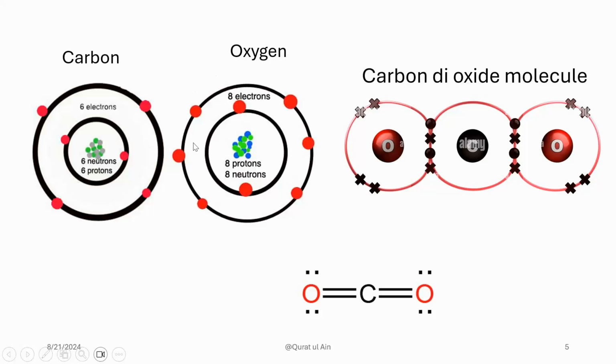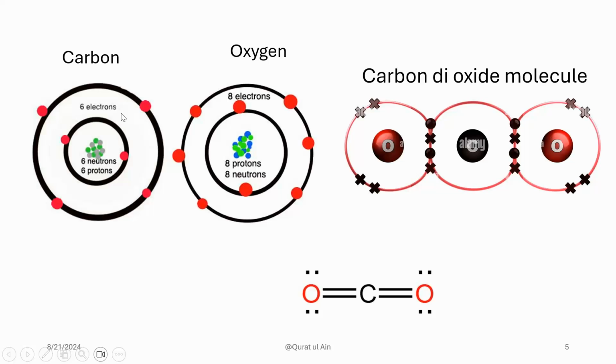Now, when oxygen makes a bond with carbon, how would that happen? Let's look at carbon. Carbon has 4 electrons in its outer shell. So what will happen? These 4 electrons have an equal probability of making a bond with the unpaired electrons of any other atom.